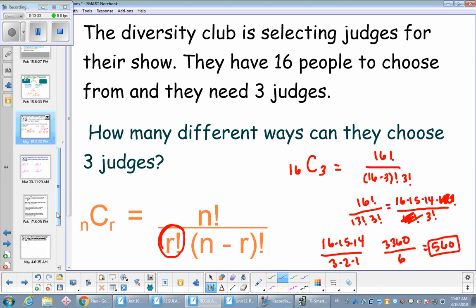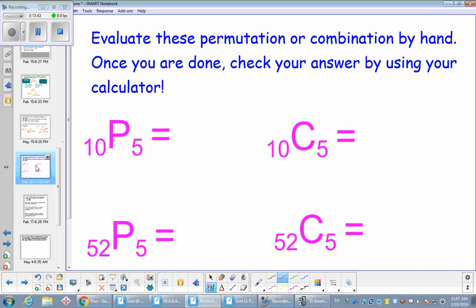Now I know this seems confusing at first, but follow the rule, follow the equation, okay? We're going to practice just doing some without the words and just practice our multiplying by hand, and then I'm going to show you the button on the calculator you can use, okay? All right, so let's remember our permutations. If it's nPr, it's n factorial over n minus r factorial.